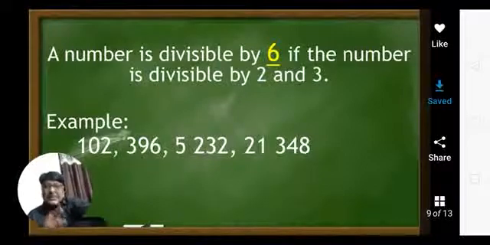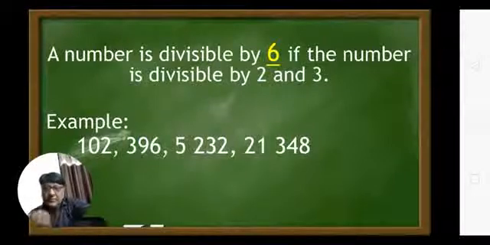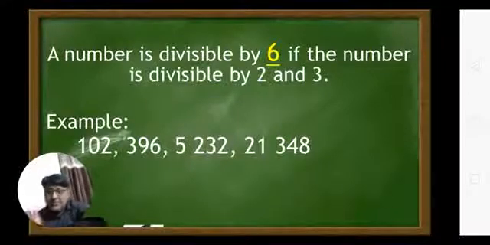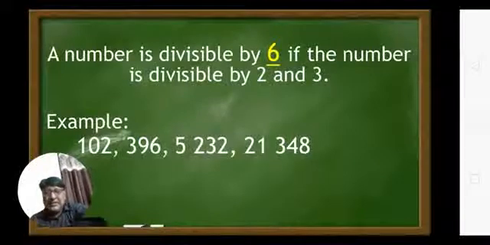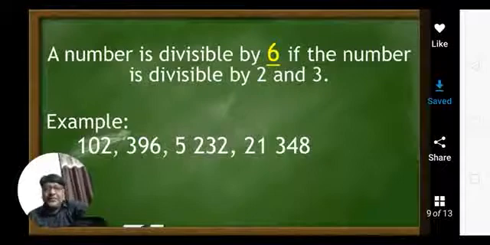In this case the rule of 2 is, if its last digit is 2, 4, 6, 8, so the last digit is 2, therefore it is divisible by 2. And the sum of the digits is 1 plus 2, that is 3, and therefore it is divisible by 3. So 102 is divisible by 2 as well as 3.